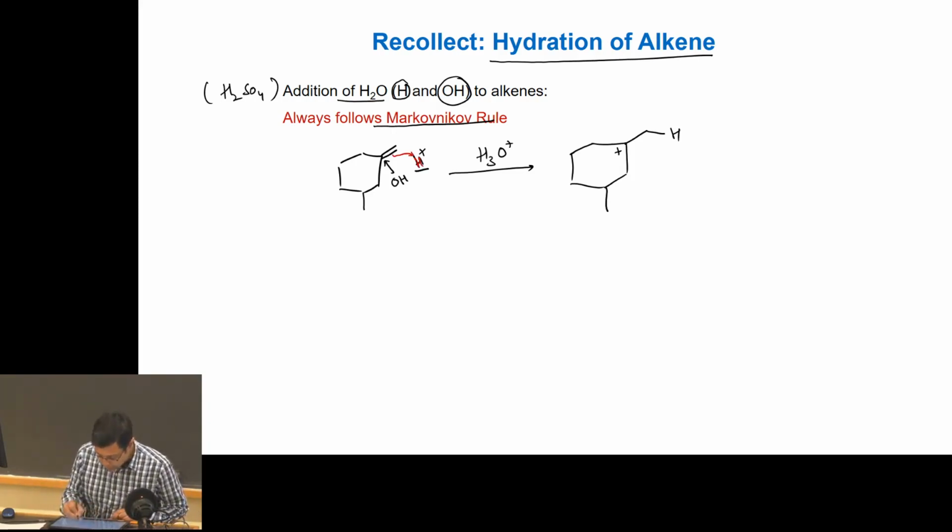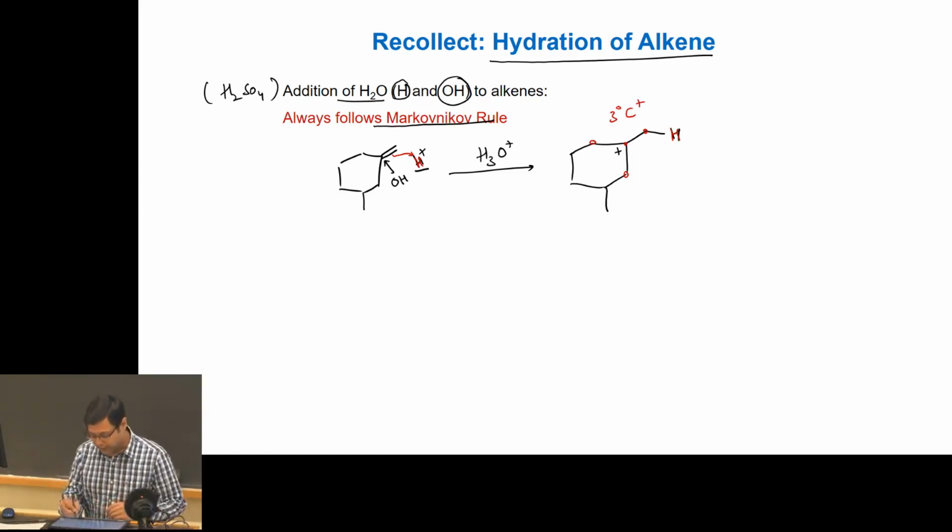And that is where the H plus has gone. And if you look at the nature of this carbocation, it is a tertiary carbocation. Carbon bearing the positive charge is attached to 3 other carbons. It is the most stable carbocation, so you don't need to worry about upgrade in stability.